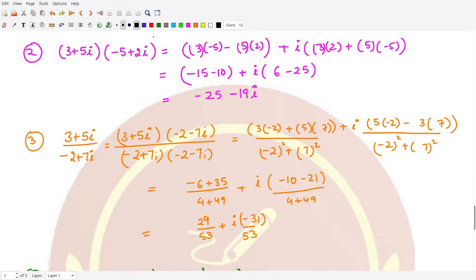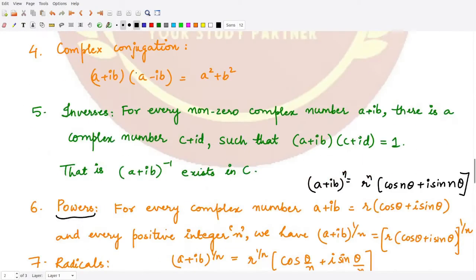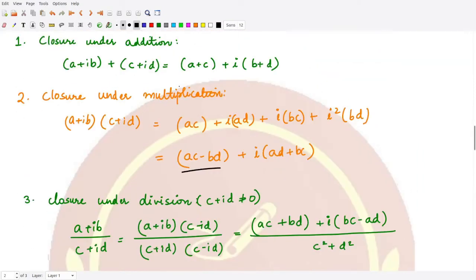For the second example, we wanted to multiply these two complex numbers. So how do you do that? If you look at the formula, here we have AC minus BD as the first entry and AD plus BC as the second entry. So you know this is A, this is B, this is C, this is D, including the signs, right?